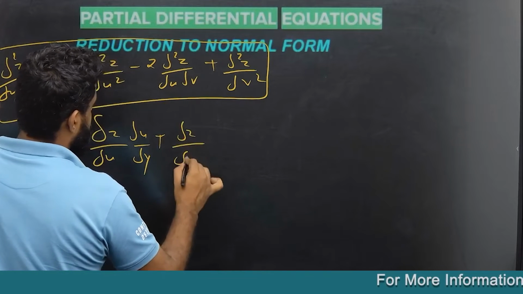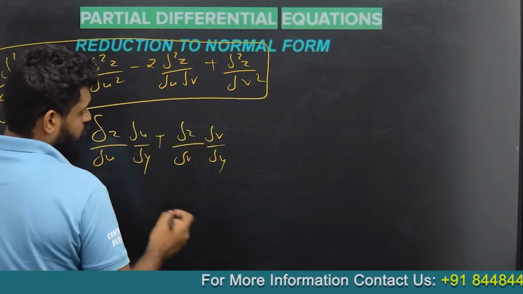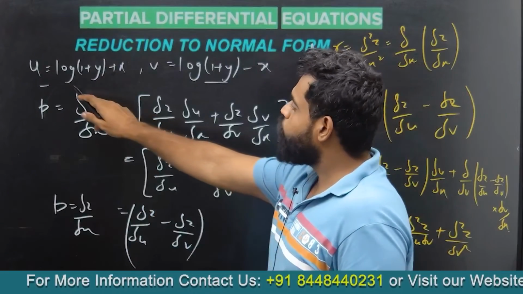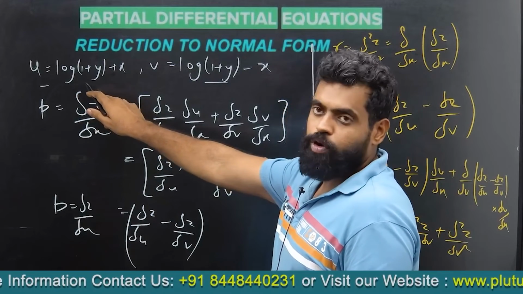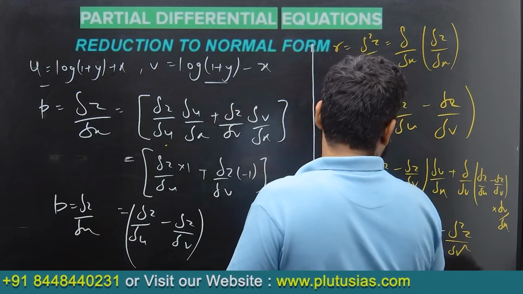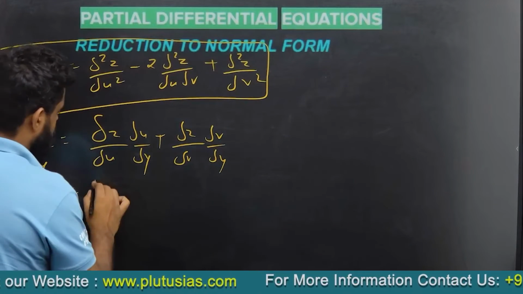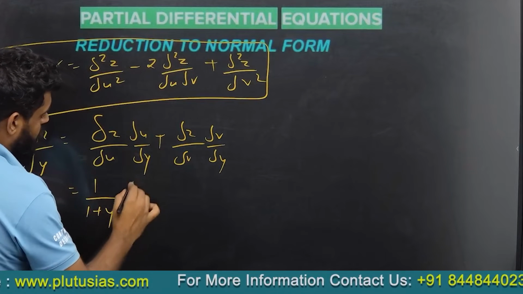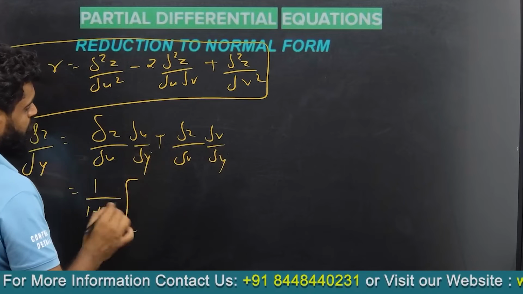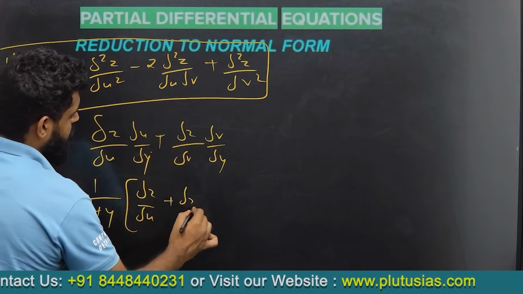So in both the cases, delta u upon delta y is 1 upon 1 plus y, and delta v upon delta y is 1 upon 1 plus y. So we take 1 upon 1 plus y, and we have delta z upon delta u plus delta z upon delta v.